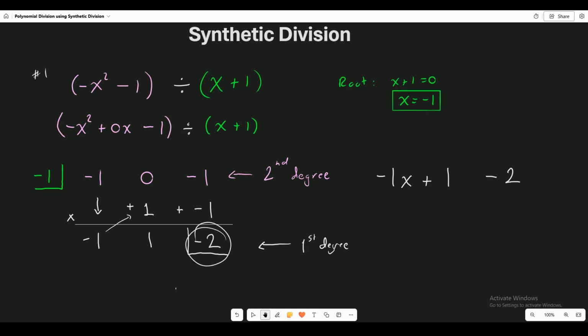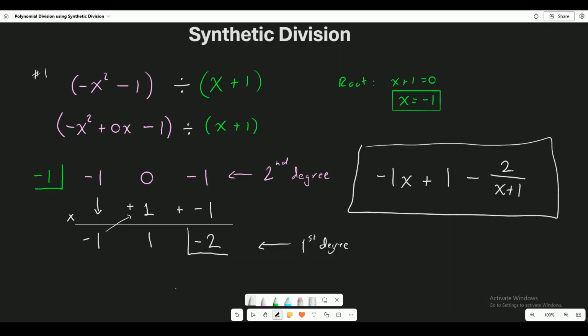This number right here, negative 2 in the box, is the remainder. So minus 2 is our remainder, but we're going to put it over the original divisor we have, which is x plus 1. And this is our answer right there.